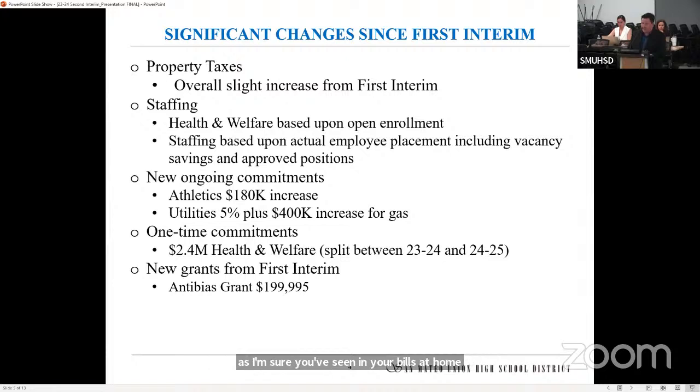In terms of one-time commitments, the current budget includes the board's approval of $2.4 million in one-time commitments to cover health and welfare costs for our employees. That cost is split between the current year budget and the 24-25 budget. And we also included a new anti-bias grant, which we're really excited about as we move forward.